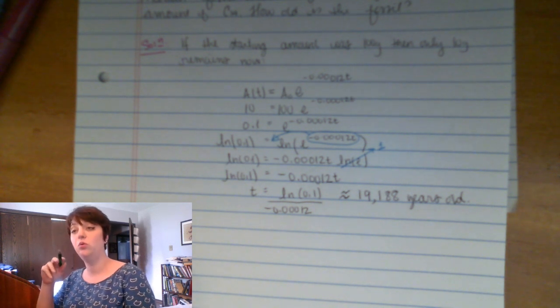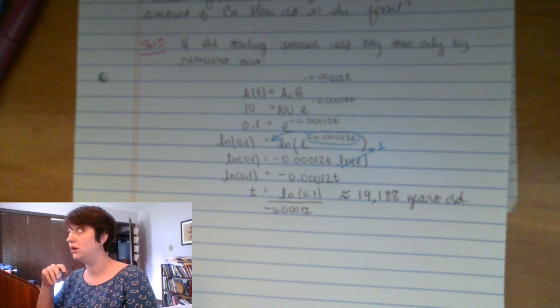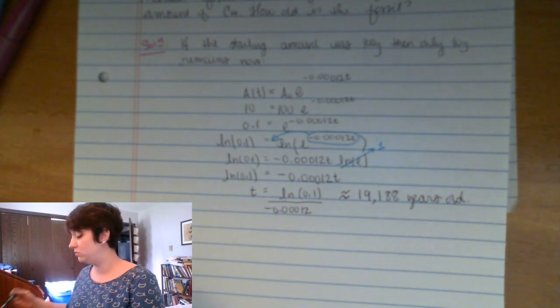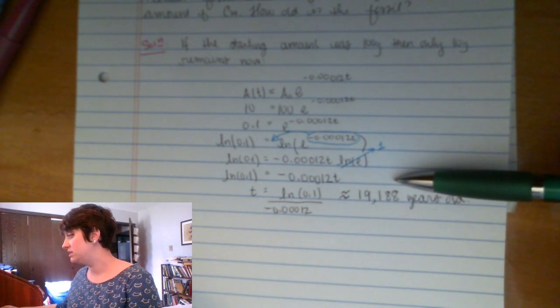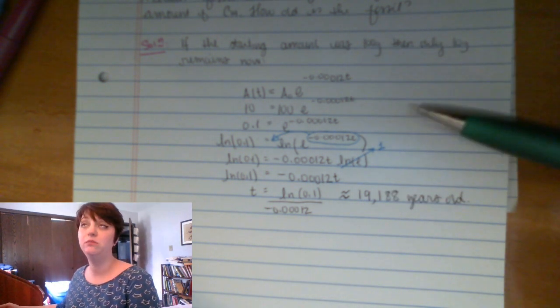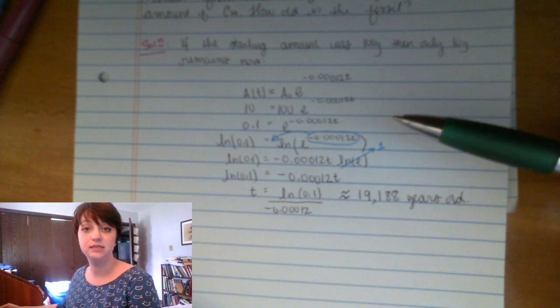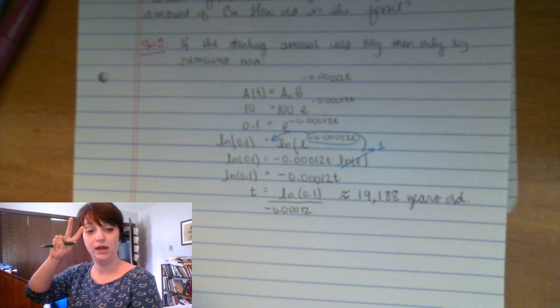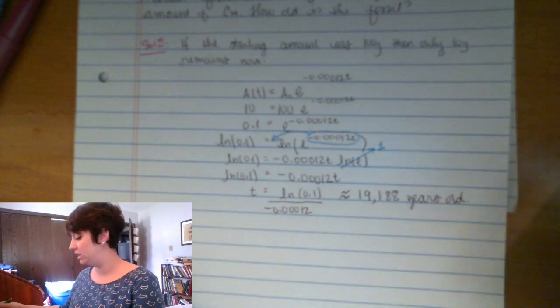Another half of a quarter is an eighth, right? And another half of 1/8 is a 16th. So I would need a little bit more than a 16th, but less than 1/8 left. So somewhere between 3 and 4 half-lives.